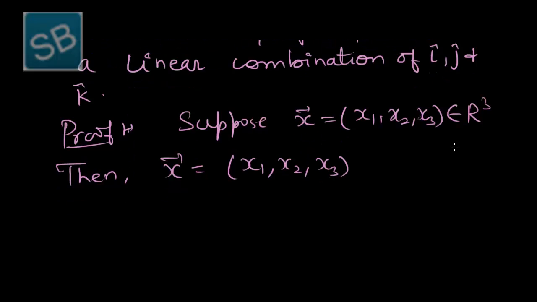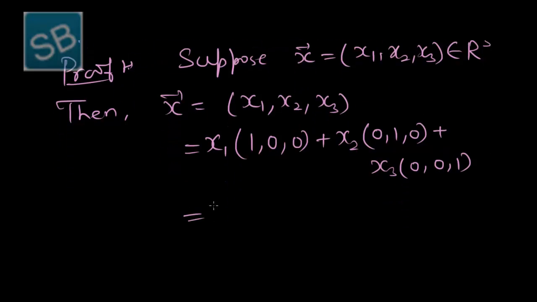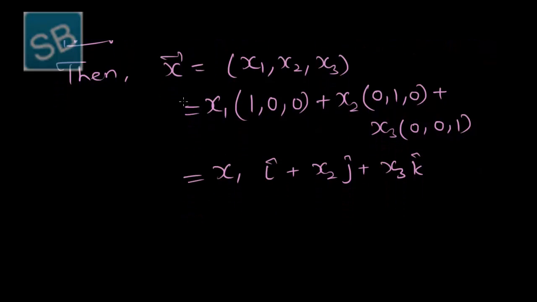It can be rewritten as x1 into unit vector in the direction of x-axis plus x2 into unit vector in the direction of y-axis, plus x3 into unit vector in the direction of z-axis. That is x1i plus x2j plus x3k. So this is x represented in the form of i, j and k. Now we have to prove uniqueness.